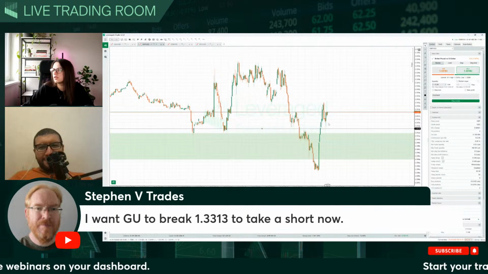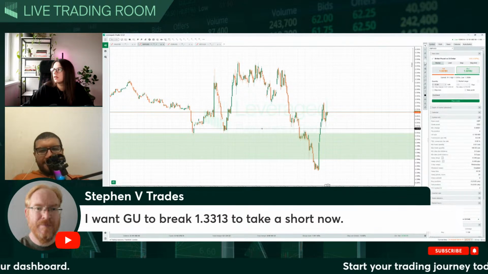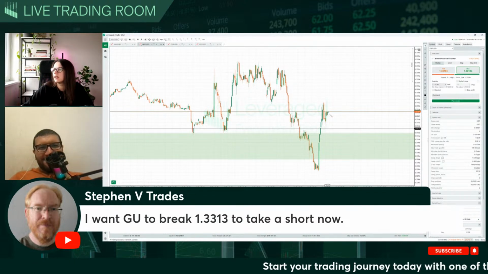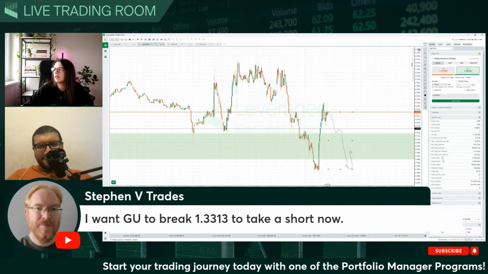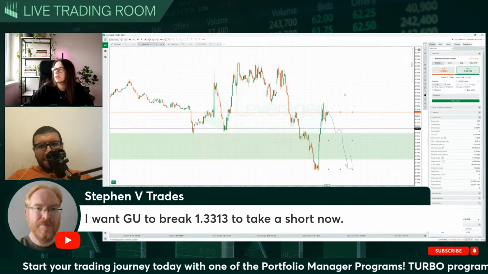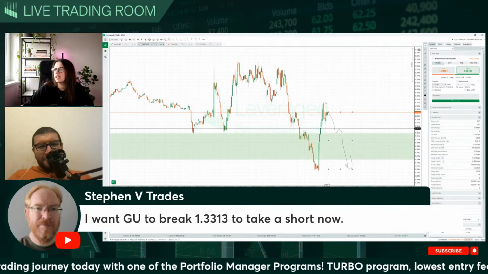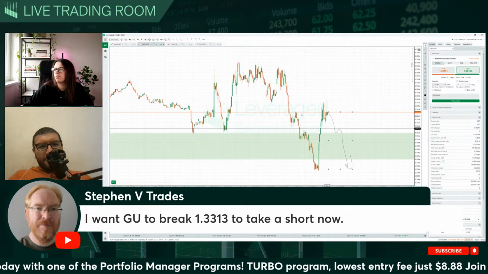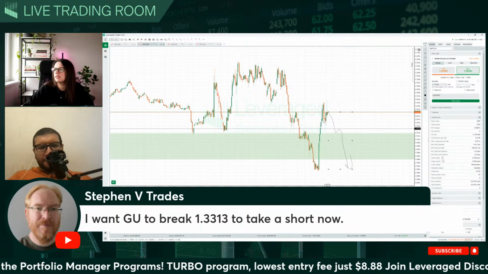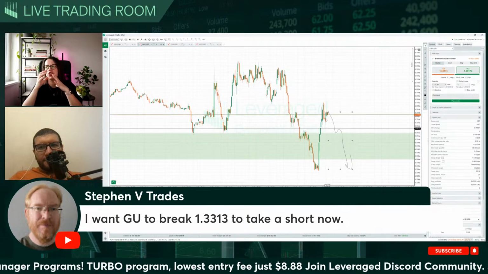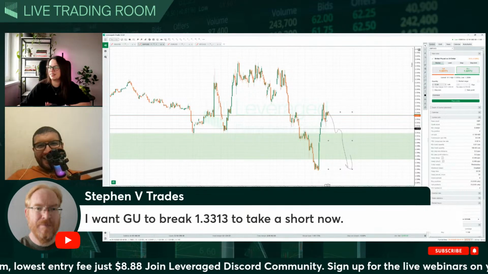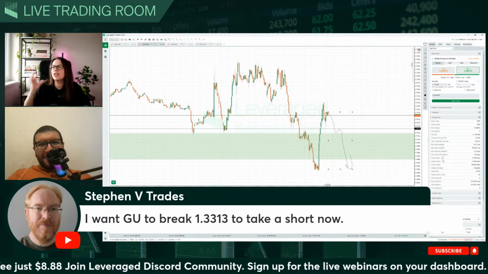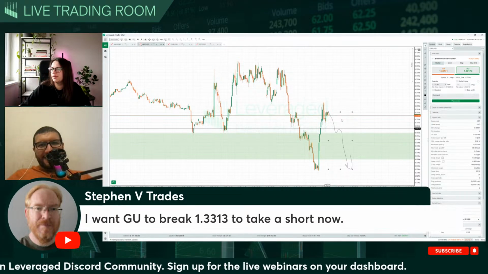We go up and up, then like that. If we respect this level, I think this could be good because of this engulfing candle here, and this is the 1 minute chart. I'm fighting with this. It's changing so fast.